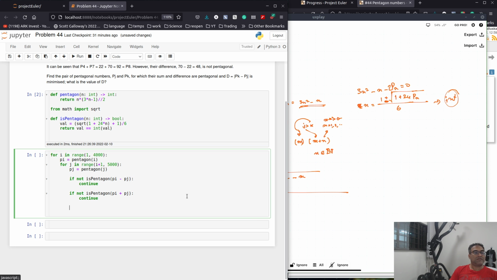If the difference and the sum happen to be pentagonal numbers, then we will stop at that point and we will print i, j, and pi, and pj, and what else are we going to print?